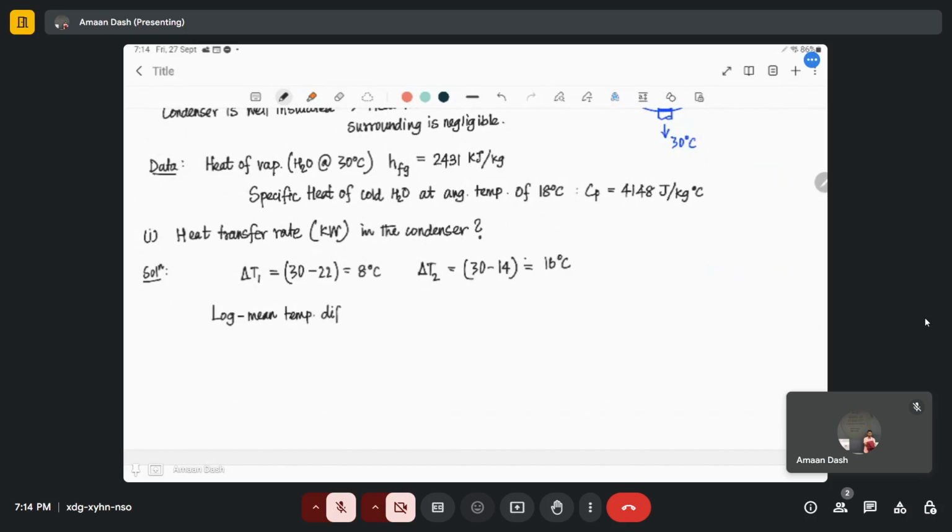Delta T LMTD is equal to, as we know, delta T2 minus delta T1 divided by ln of delta T2 by delta T1.